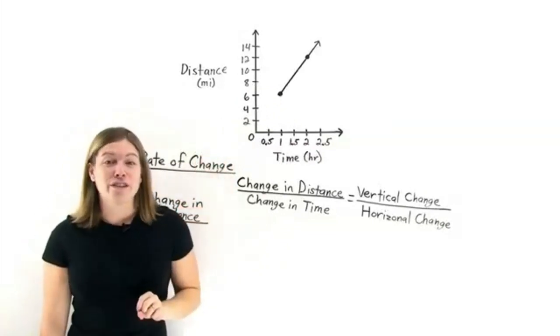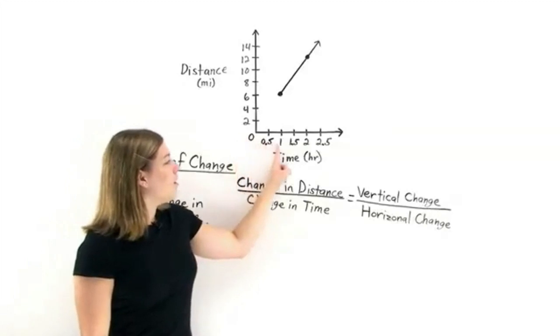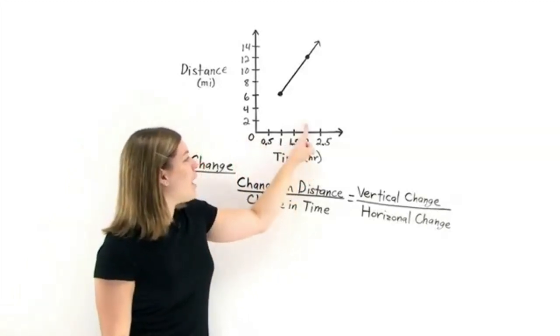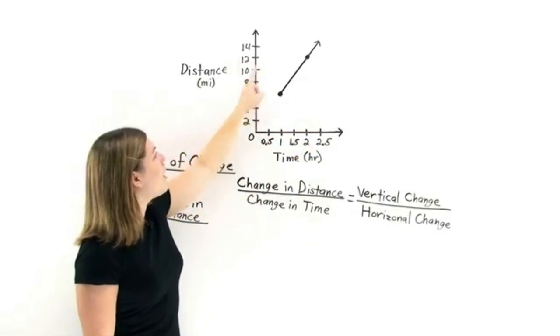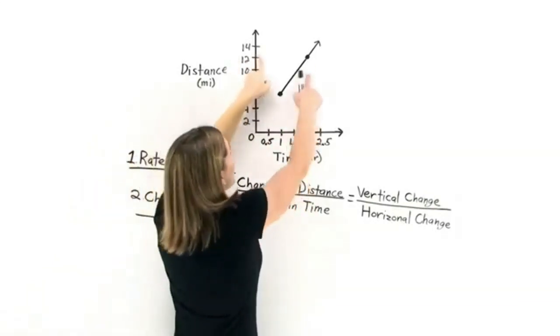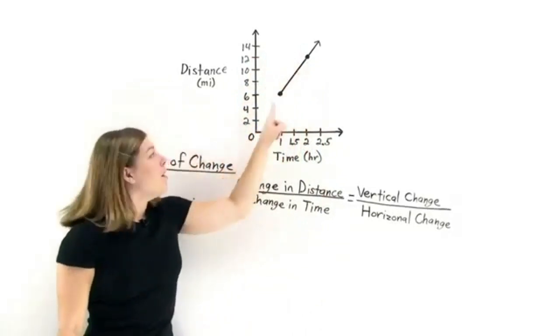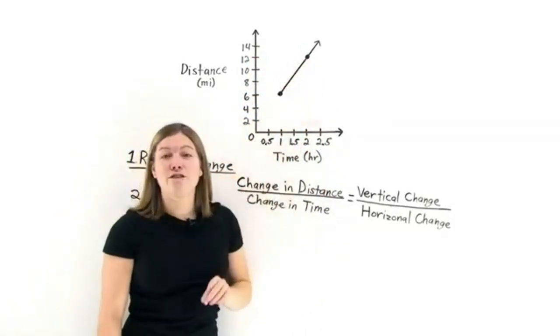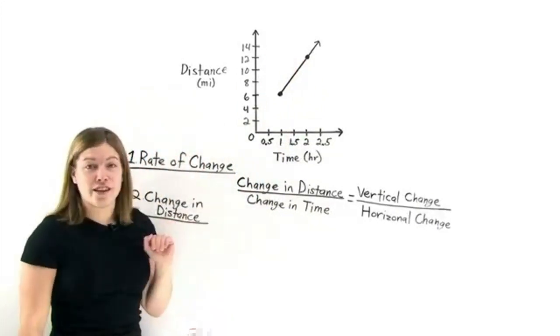Now our problem also says that after 2 hours she has run 12 miles. So here on the time axis we have 2 hours. Then here on the distance axis we have 12 miles. 2 hours and 12 miles brings us to this point. So these are the 2 points we're trying to find the rate of change with. So first, let's find this change in distance.